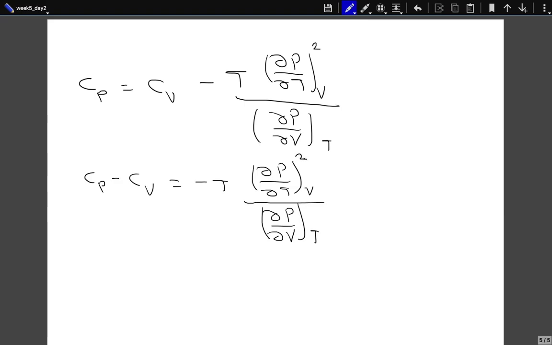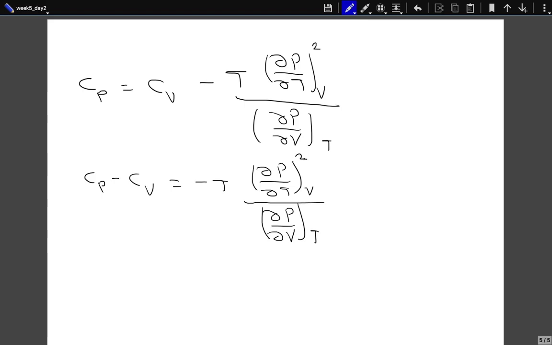The numerator, the temperature, is a positive quantity. This other factor in the numerator is the square of something, so it is a positive quantity. So except in the denominator, we already know that all those factors are positive. If you consider the denominator, you are keeping the temperature fixed. If you change the volume, you expect the pressure to decrease. So that's a negative quantity.